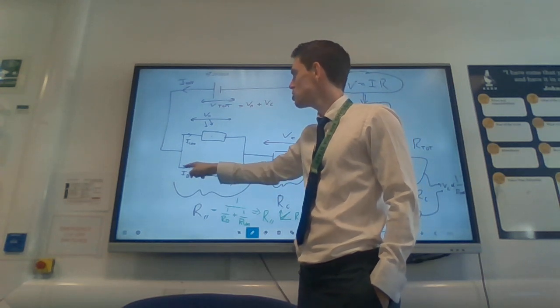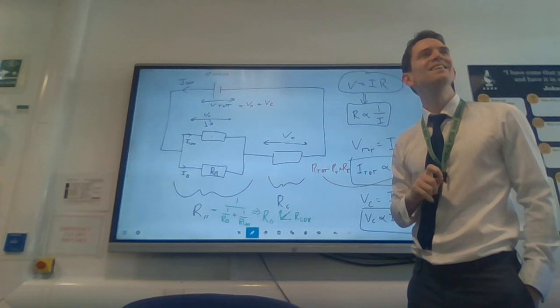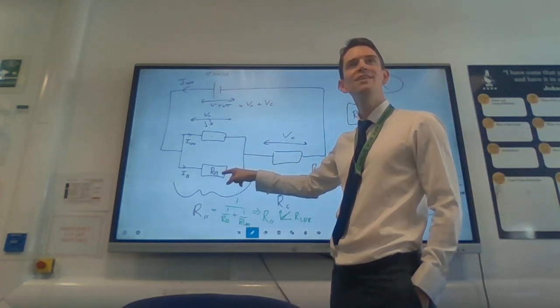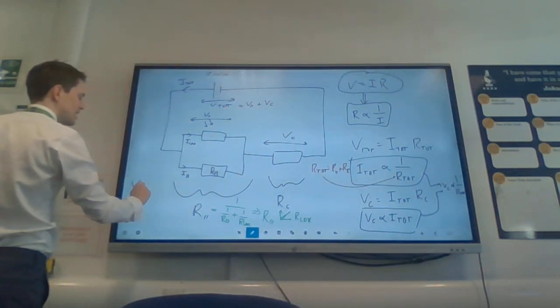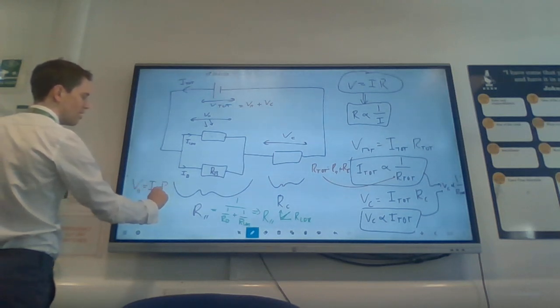So what's happened to the current through this? The voltage across this has gone down, and we know V parallel equals IB RB.